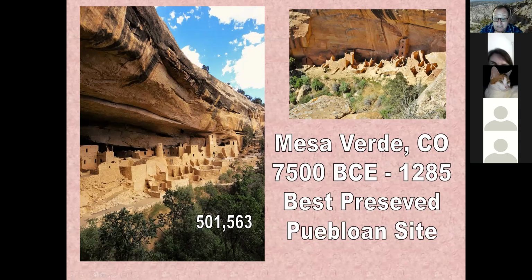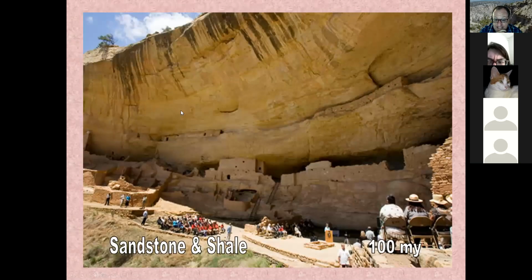If you have never seen a Pueblo village, it's pretty incredible where they lived, how they built them, and all that. So sandstone and shale overhangs again to keep them out of the weather. We would call this a big rock shelter. But this is one of the best preserved Pueblo villages.